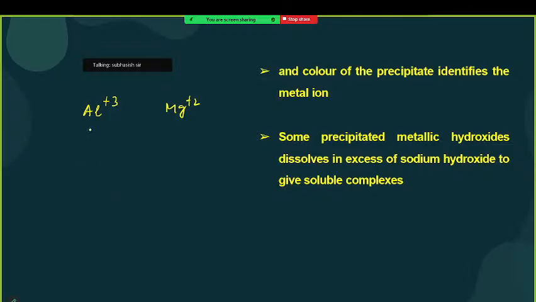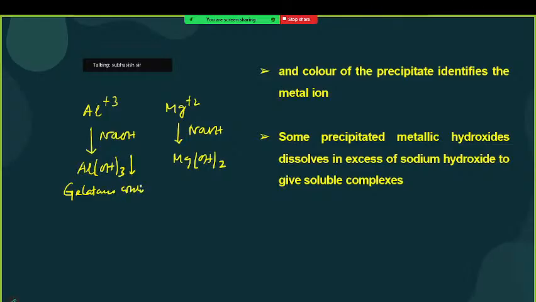Now you add some amount of sodium hydroxide solution to both of them. Here aluminium hydroxide precipitates, here magnesium hydroxide precipitates. Aluminium hydroxide has a gelatinous white color, and the magnesium hydroxide precipitate is also gelatinous white.